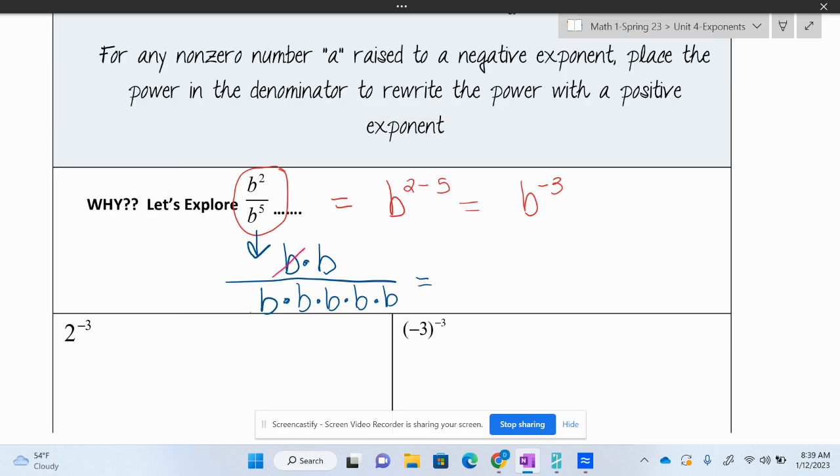Take one from the top, take one from the bottom. Where are your b's? The stuff that's left over, is it in the top or is it in the bottom? It's in the bottom. How many are in the bottom? 1, 2, 3. I have to put something in the top, so I put a 1. That's why this gets dropped. Move them to the bottom bunk, and they're happy.